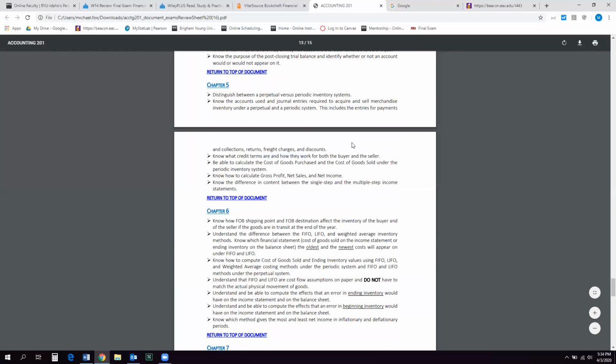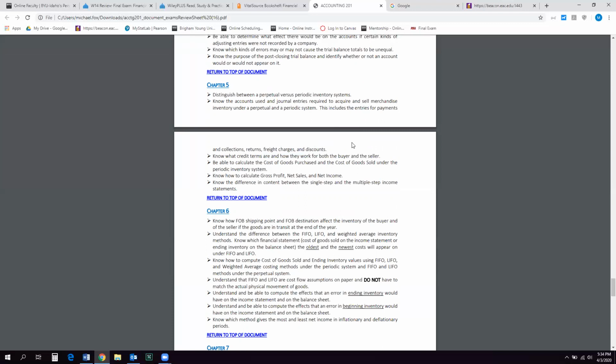So distinguish between perpetual versus periodic inventory systems. So what they're trying to do is get you to recognize that a perpetual system is one in which we are constantly updating the cost of goods sold each time we sell something and the inventory.